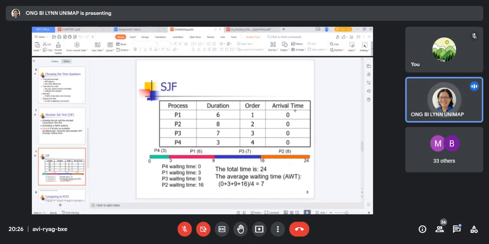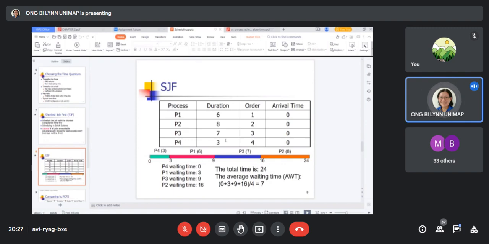So in shortest job first, although they are given in order 1, 2, 3, 4, they come in at the same time, arrival time zero. So you are not going to consider the order; the one with the smallest duration will go into the queue first.